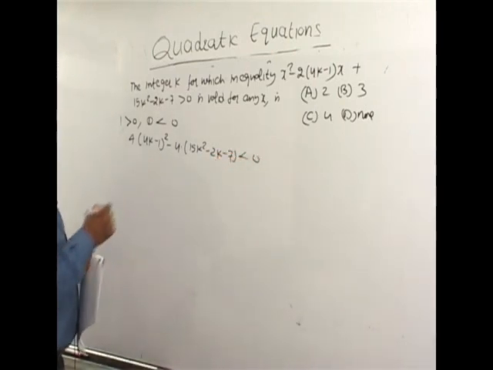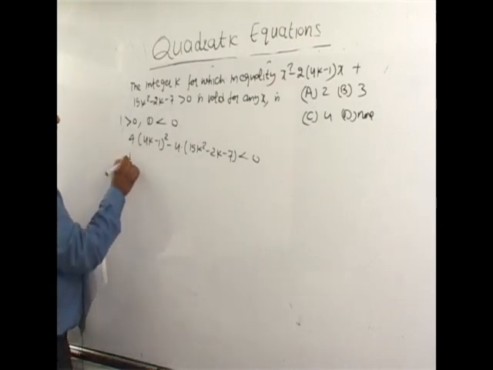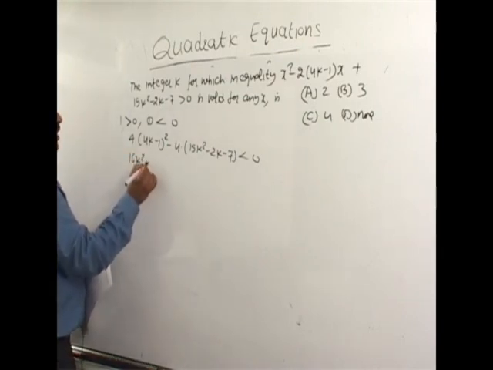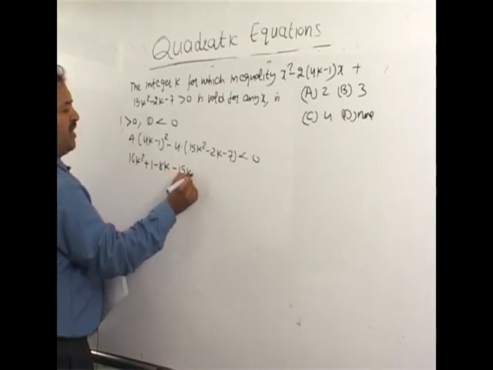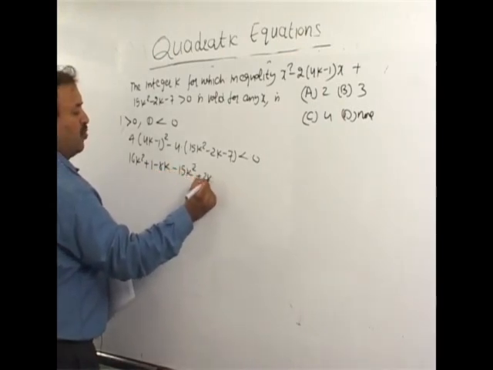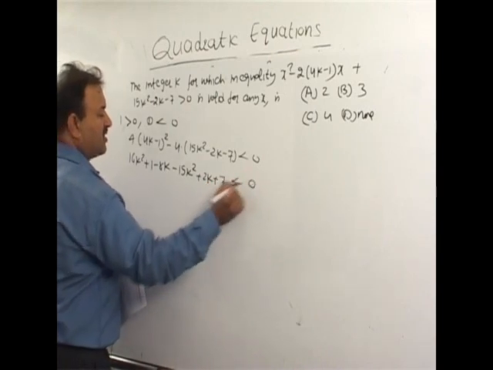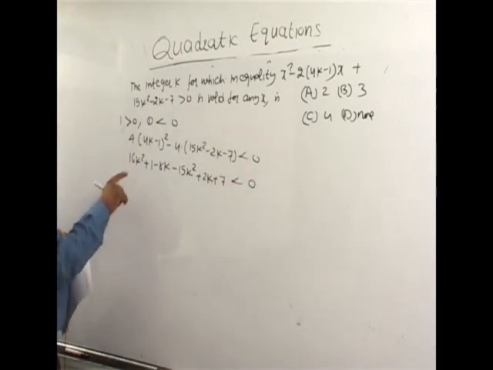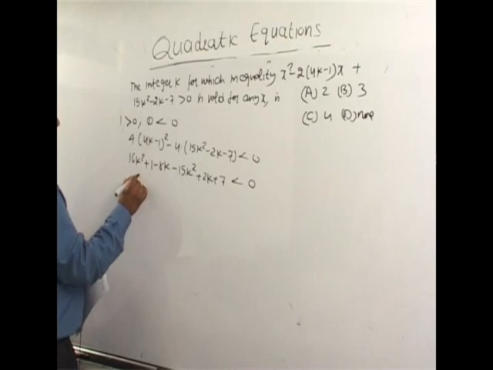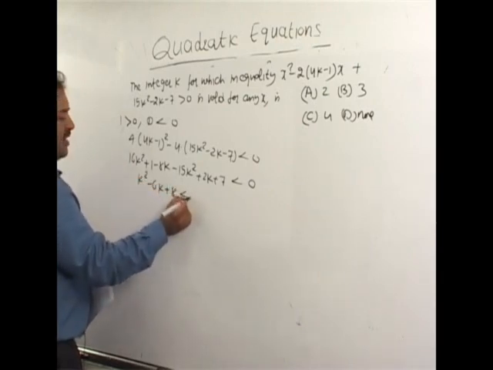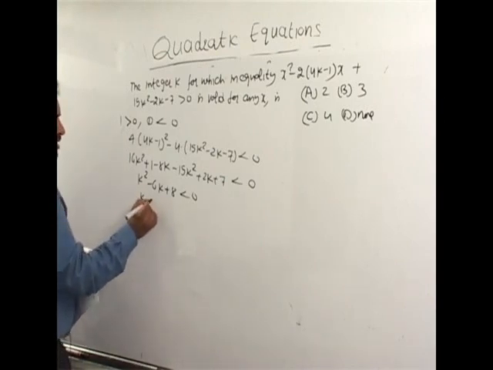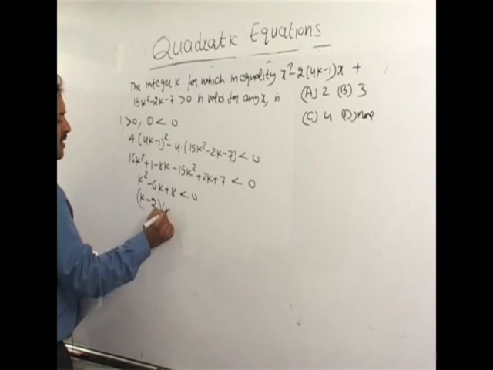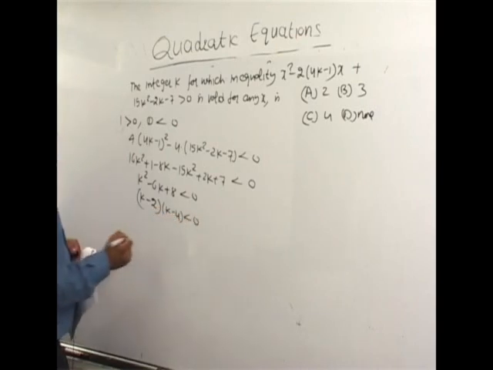Now dividing by 4, we get 16k square plus 1 minus 8k minus 15k square plus 2k plus 7 less than 0. So 16k square minus 15k square, k square minus 6k plus 8 less than 0. We make the factors: k minus 2 into k minus 4 less than 0.